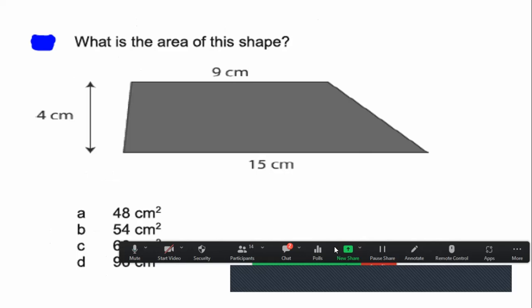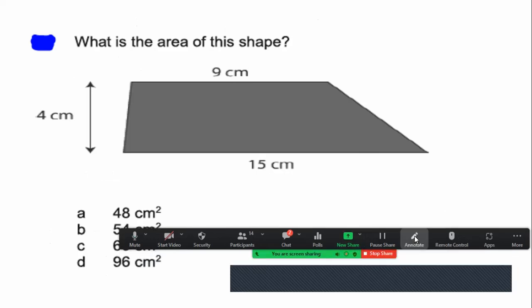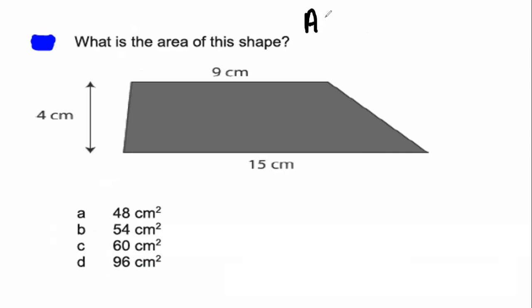All right, good, beautiful. Can somebody tell me the name of this shape? It starts with a T. Trapezium. All right, and the formula, ladies and gentlemen, remember, they don't give you the formula in an exam here. The area of a trapezium is a half multiplied by the sum of the parallel sides.